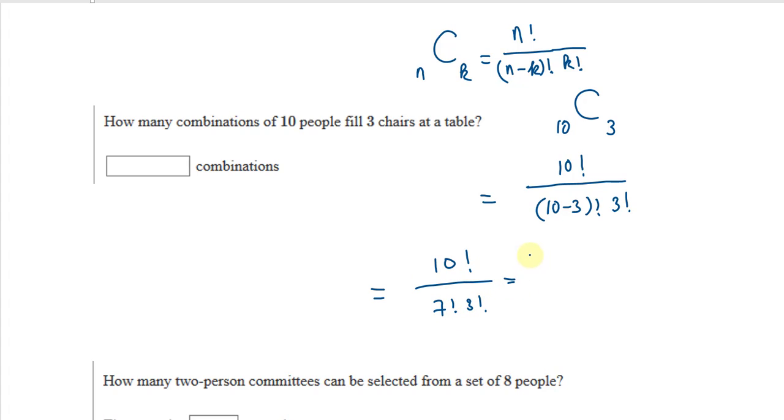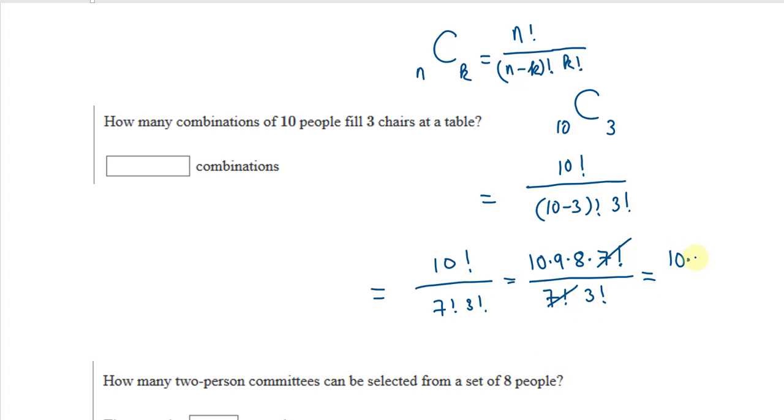And 10 factorial is equal to 10 times 9 times 8 times 7 times 6 times 5, 4, 3, 2, 1. So we can start from 7. Why do I stop at 7? Because I have 7 factorial on the top and 7 factorial on the bottom, so they cancel out.